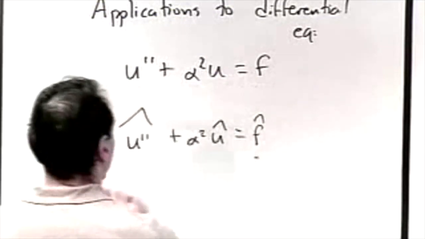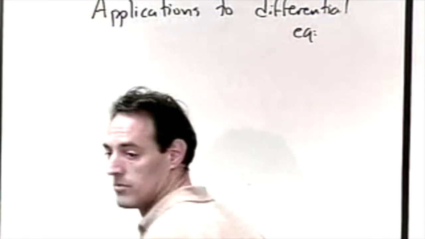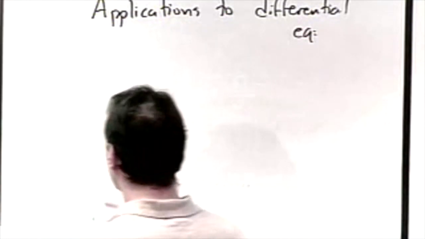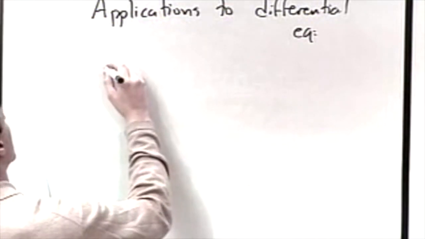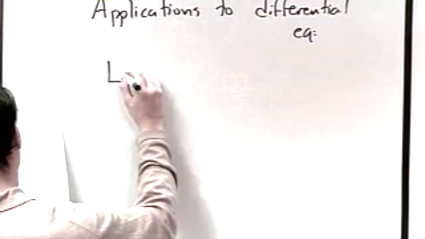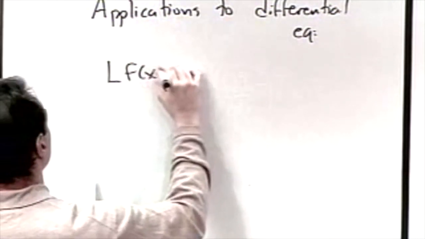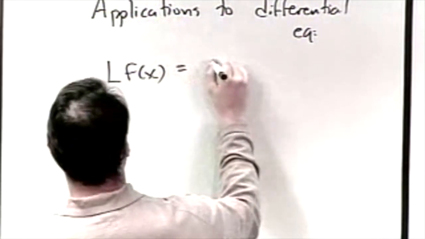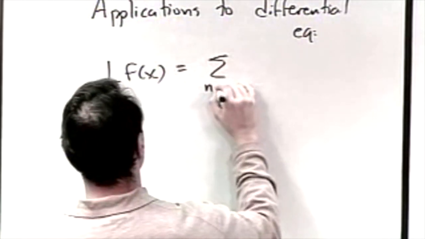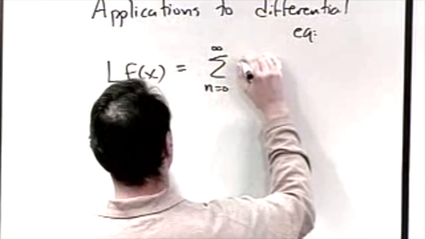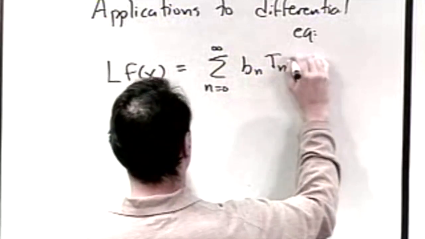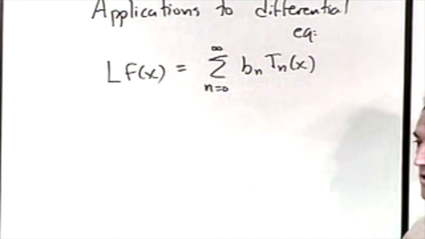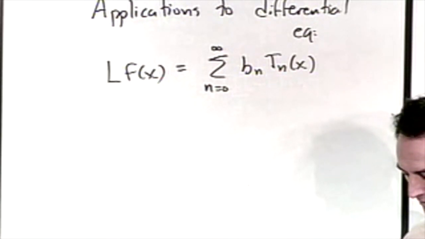So the Chebyshev polynomial has some similar properties as well. In particular, here's the high-level abstraction. Take some operator L acting on f, and the idea is we can expand this in terms of our Chebyshev polynomials.